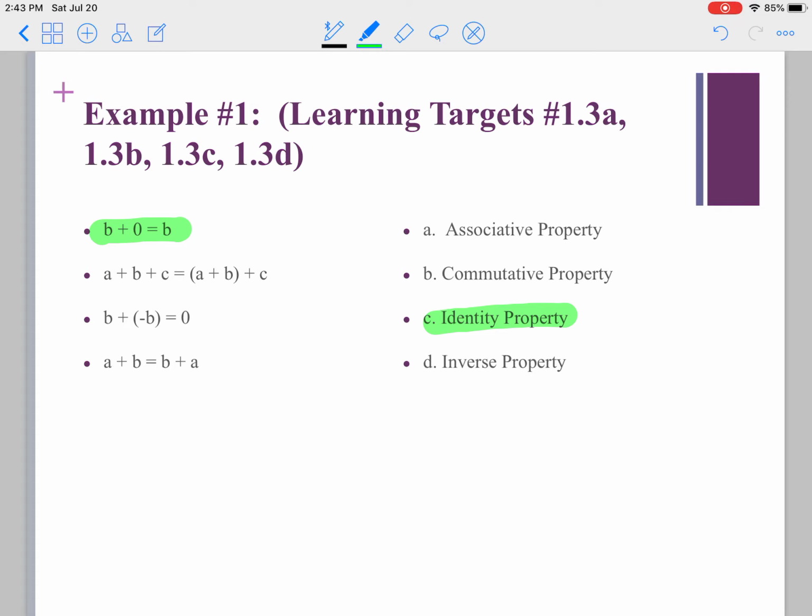Okay, so take a moment to see if you can complete the others. I gave you the first one just as a beginning, so hit pause if you have not already. Okay, now let's look at the next one. So we have a plus b plus c is equal to A plus B plus C, but we have now parentheses that have been included.